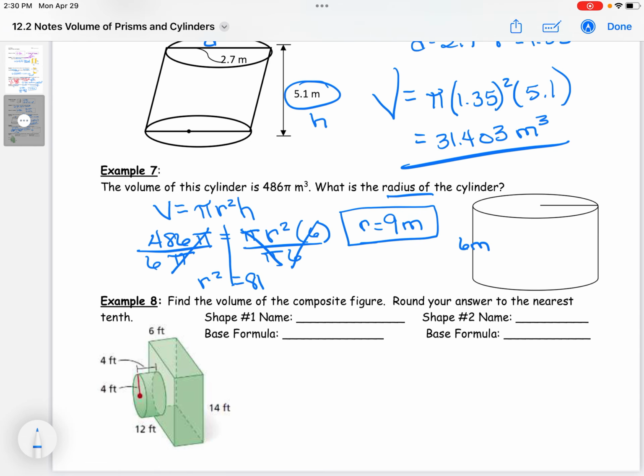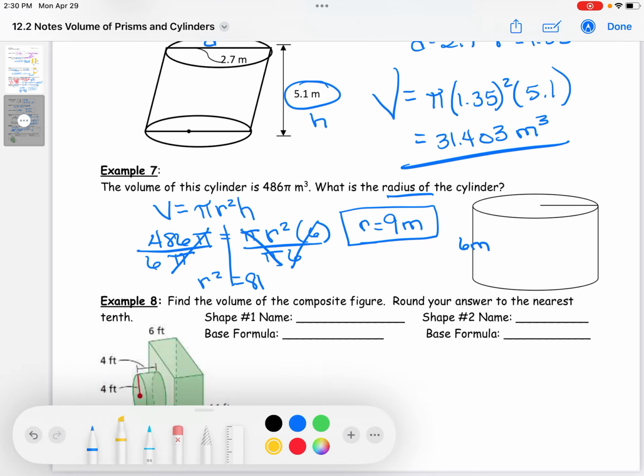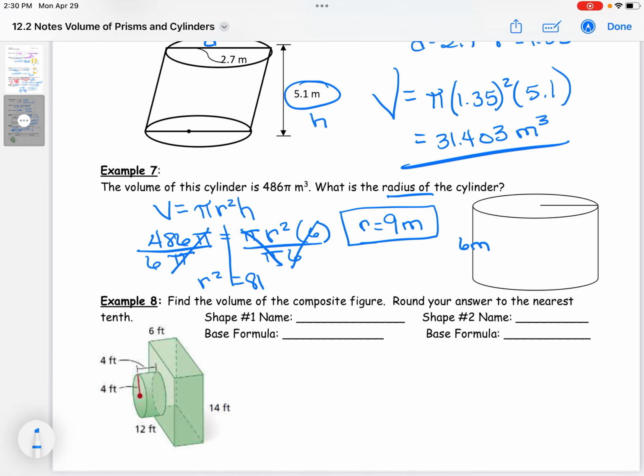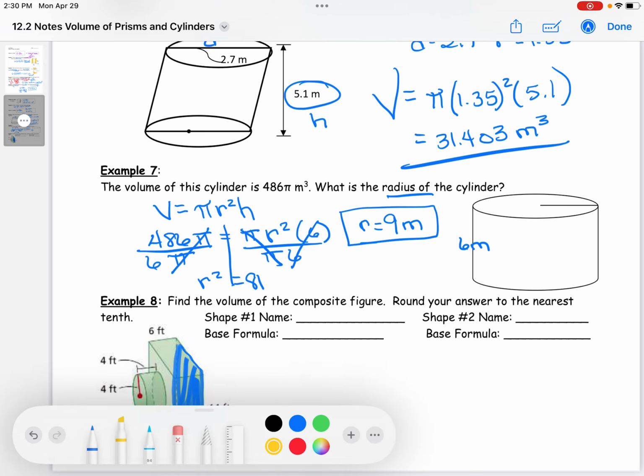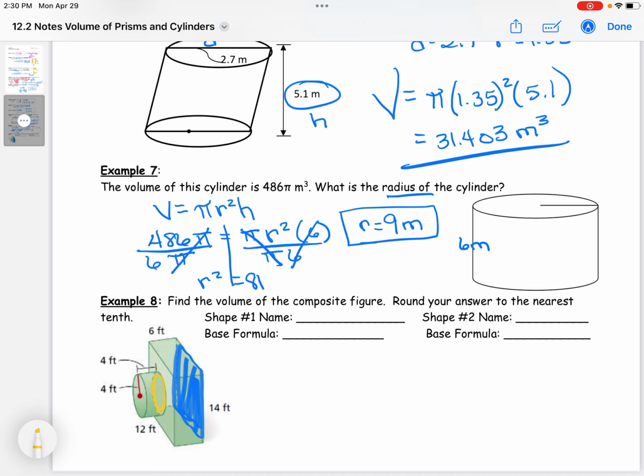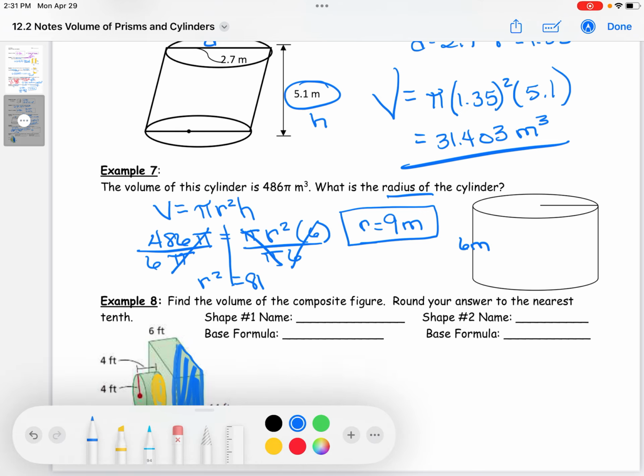All right, what if we have two things? Let's say that we have a rectangular prism, and this is my base. And then my cylinder, that's going to be the base. Okay, so let's do the cylinder.